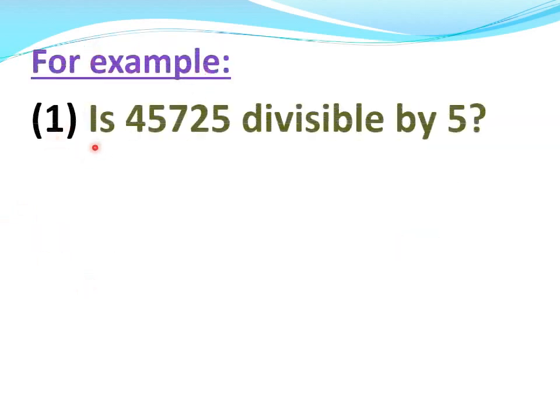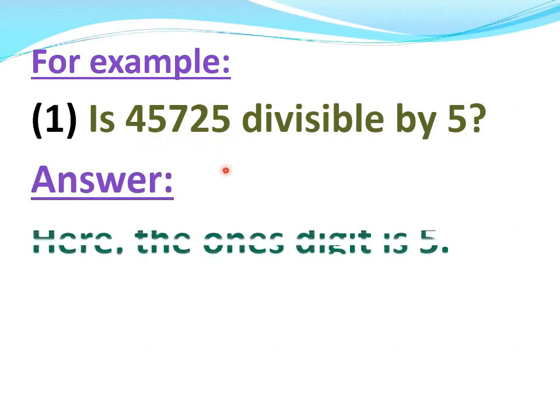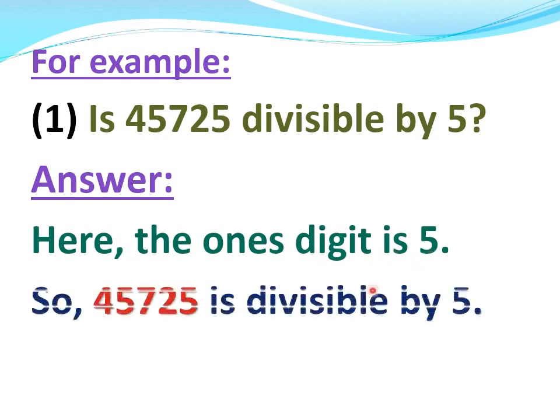For example, question number 1: is 45,725 divisible by 5? Answer: here in the given number 45,725, the ones digit is 5.